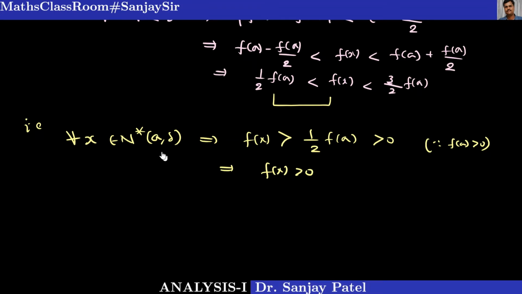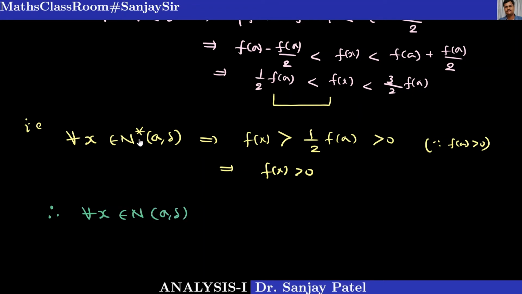But even if I include the point a, star means deleted neighborhood of the point a. So even if I include the point a, then at x equal to a, we'll get f of a, and that is also positive. So no harm in writing this as, I can write it as, for every x belongs to N of a comma delta.